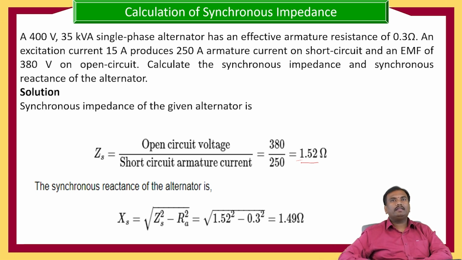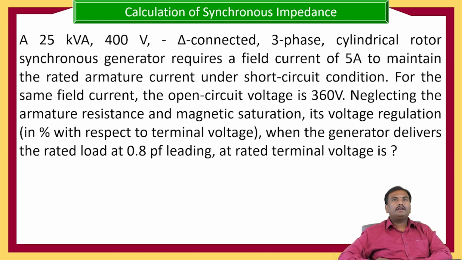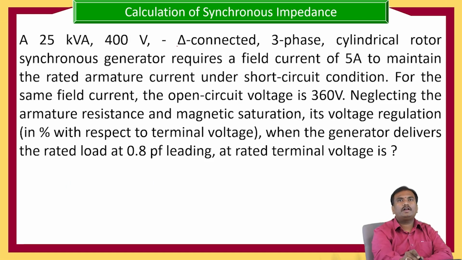Now we'll go with another problem. A 25 kVA, 400 volts delta connected three-phase cylindrical synchronous generator requires a field current of 5 amperes to maintain the rated armature current under short circuit condition.